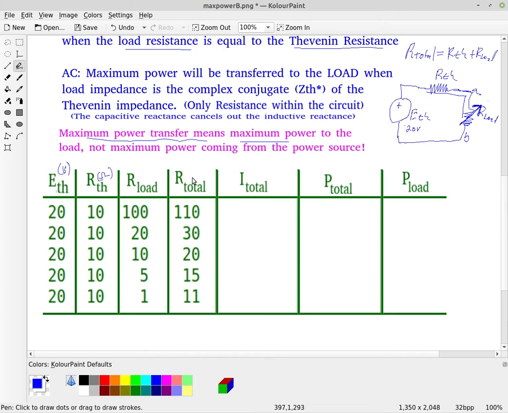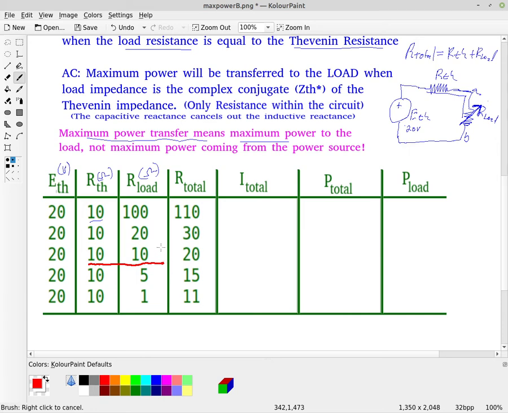So I'm going to do some examples here. R Thevenin is fixed at 10 ohms. R load I'm going to vary, using 5 different values, so that we can see the maximum power occur as stated before, where R Thevenin and R load are equal.